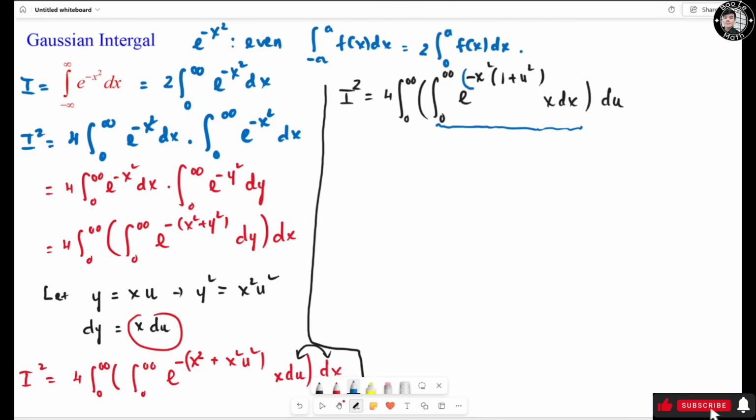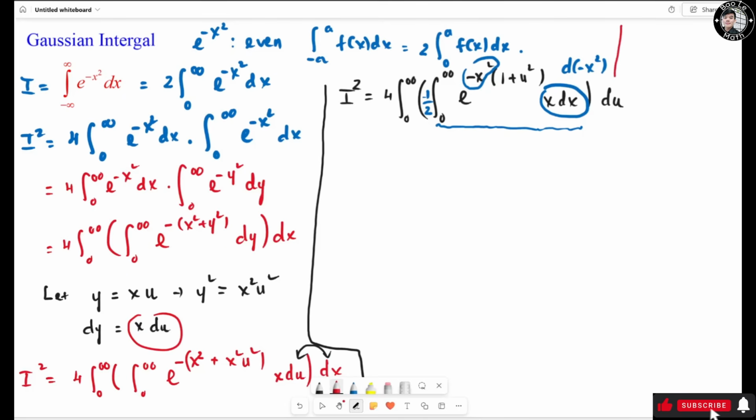You have negative x squared, right? If I take the derivative of this one, it turns out to be negative 2x dx, right? So I have x dx right here. I need to multiply by negative 1/2 right here, right? So then this guy right here becomes d of negative x squared, right?